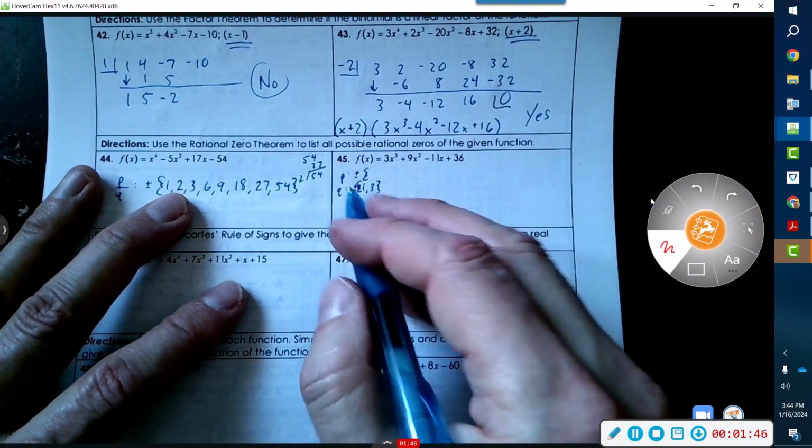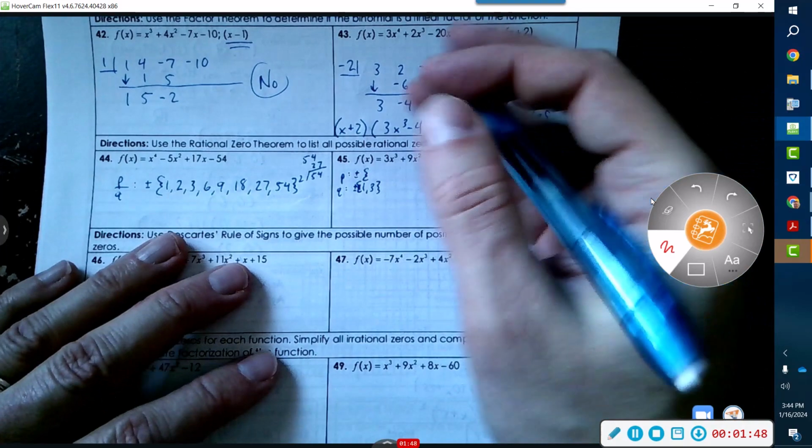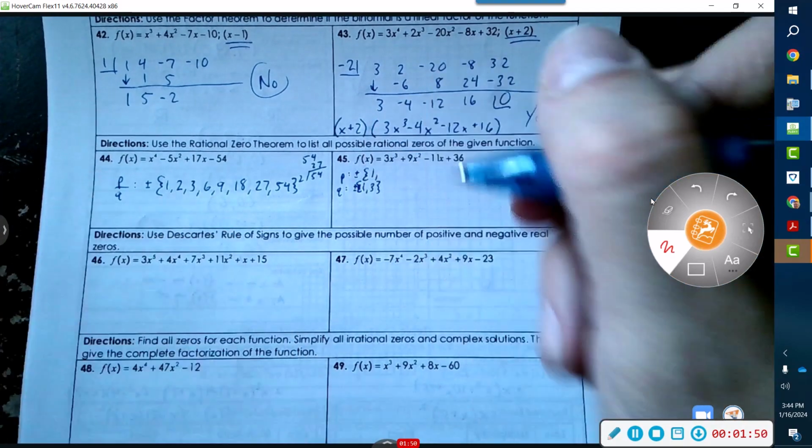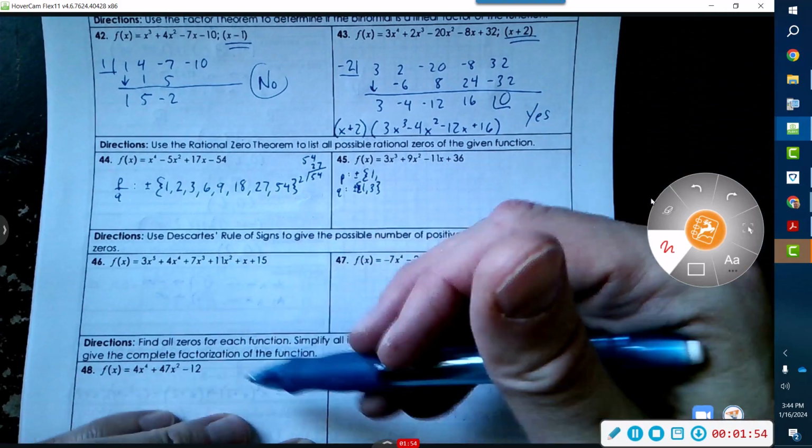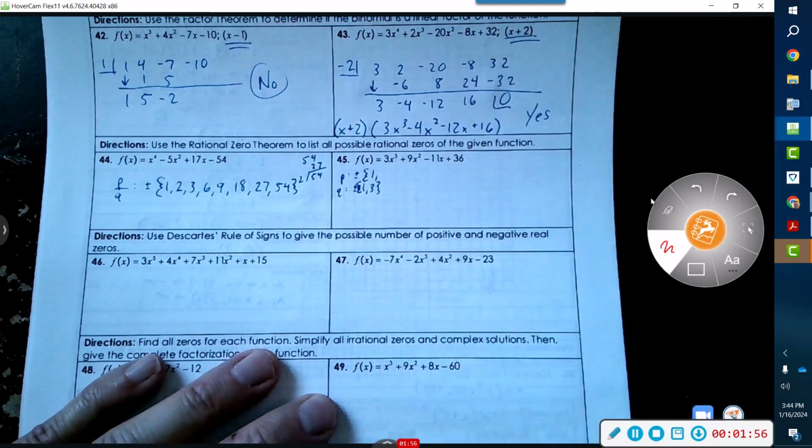Okay, so the plus or minuses are kind of technicalities because when you want to actually find the roots, you have both of them.